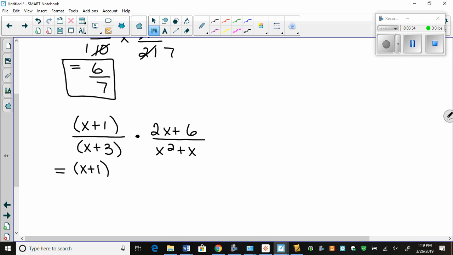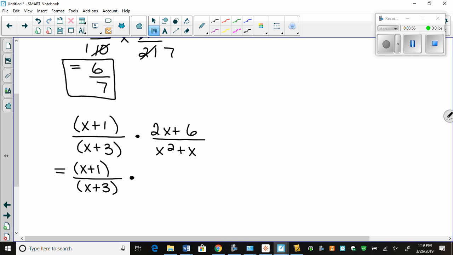They're attached by a plus sign. So the x is sewn to the 1. They're together bracketed, right? And the x plus 3 in the bottom, can't take anything out, but it's attached with a plus sign. They're sewn together, so I put them in brackets. The only way they're going away is if they have matching replicas in the numerator and denominator that can cancel them off, right? Okay, so that would be like yesterday.